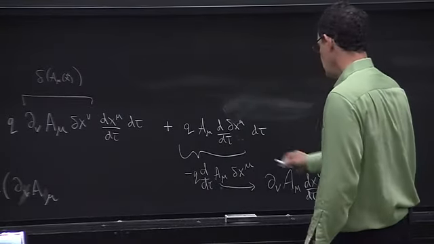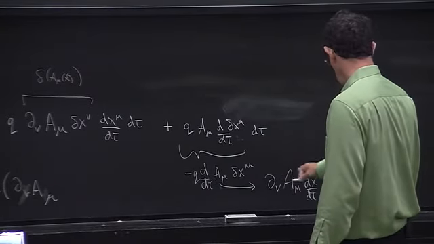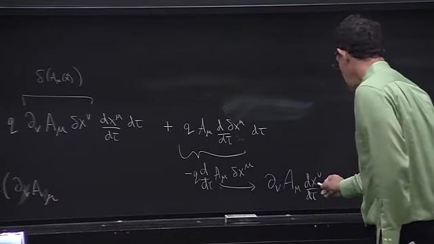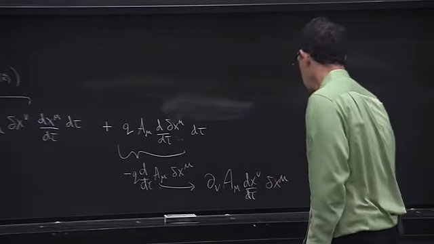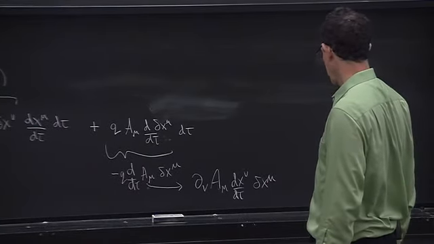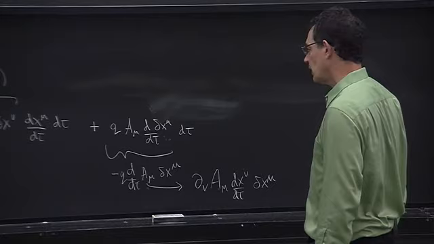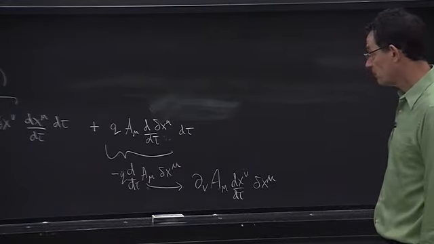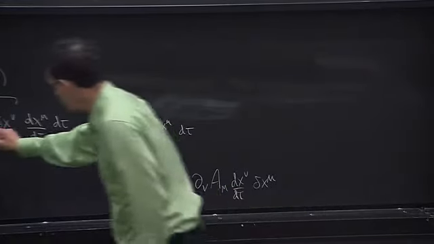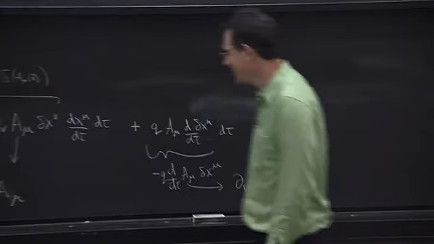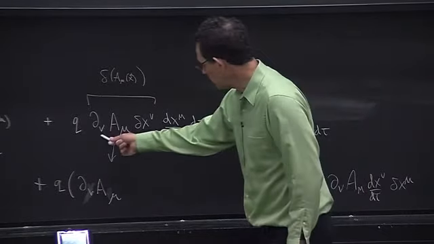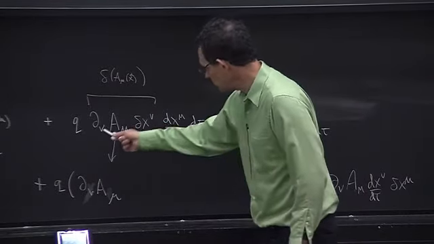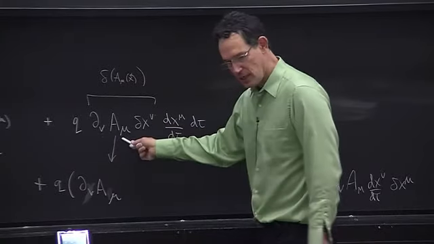Okay, so this term, let's see. So I'll just put it all together. So I get this times delta x mu. Sorry? We skipped the middle one? The middle one went there. I haven't quite finished with the middle one. Okay. I'm going to combine it with this term. You see, in this middle one, I've got d nu A mu with delta x nu dx mu d tau.